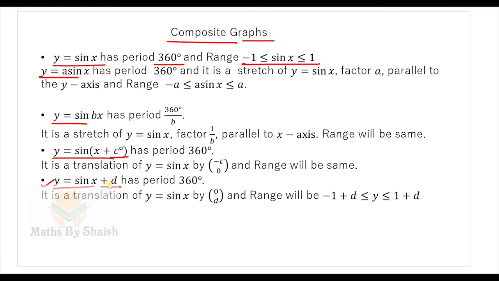So these are the translation and stretching, which we have done in the function chapter. What we are going to use is f of ax, a times f of x, and f of x plus or minus a. So the first one is the type a f of x, which is of course not going to affect the x axis, only the y axis.